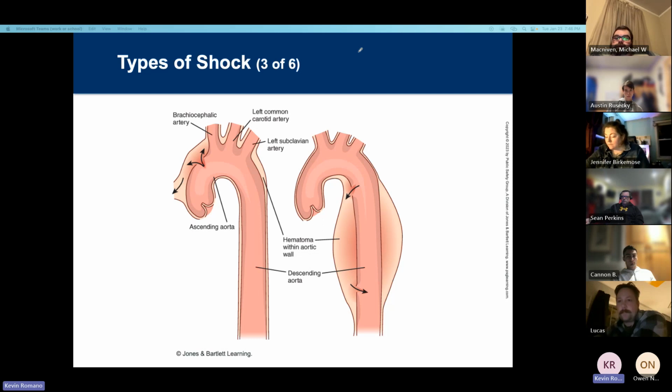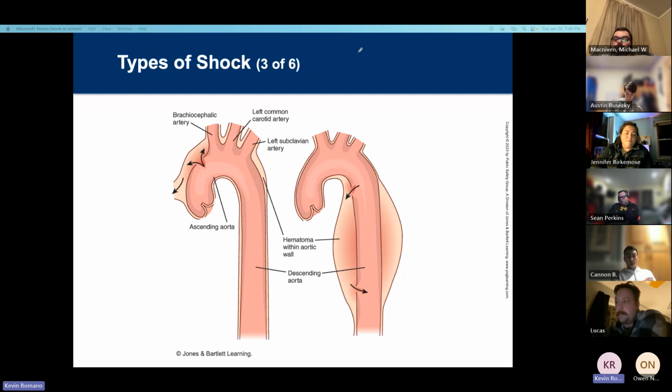How about this? This is an aortic dissection. This illustration shows a thoracic aortic dissection. A tear in the ascending aorta causes proximal and distal dissection, and the one here in the descending aorta causes extensive distal dissection.